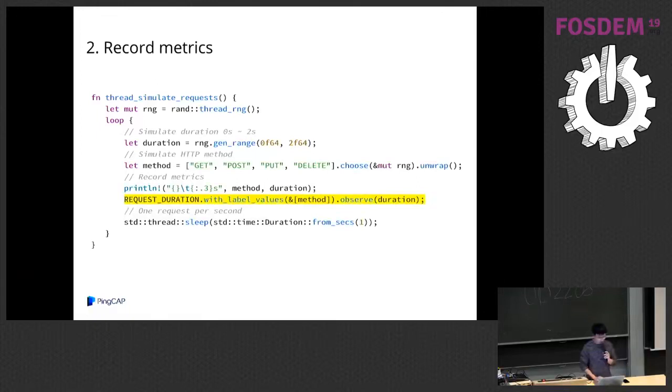And we use this line, request_duration.with_label_values(method).observe(duration), to record this duration. It means that there is a request with the label specified via the method variable that takes a time specified by the duration variable.